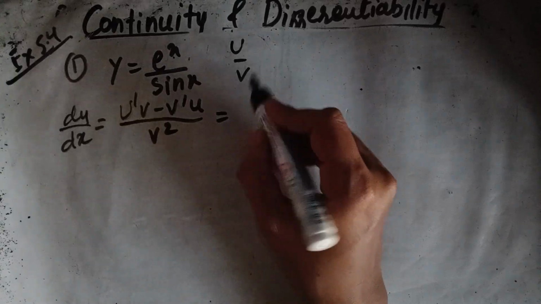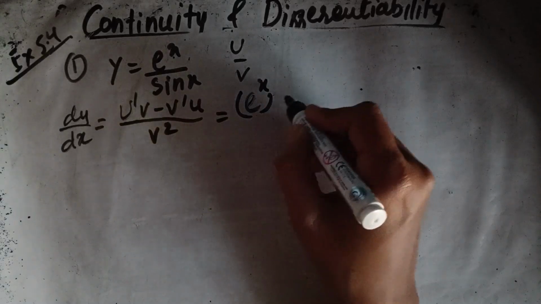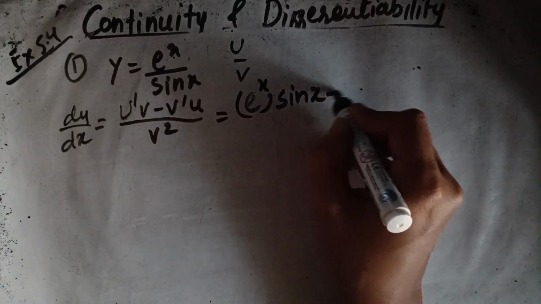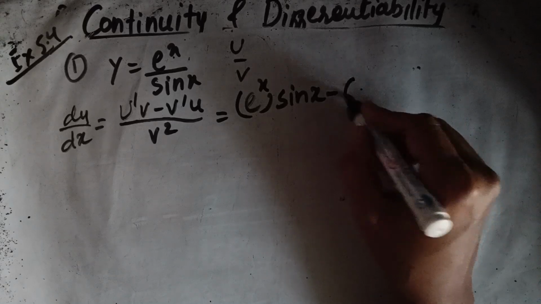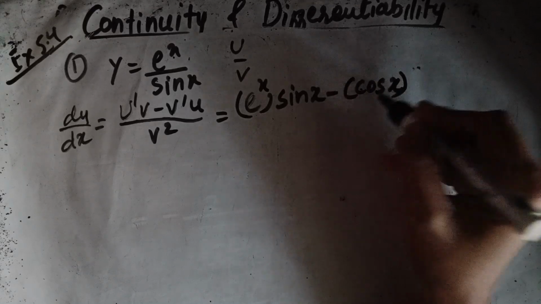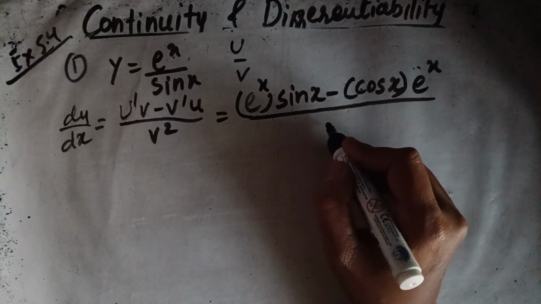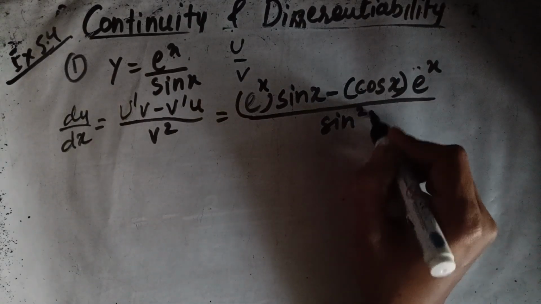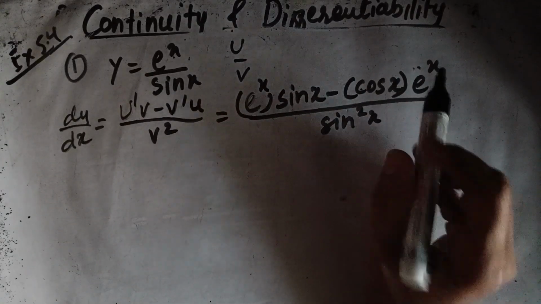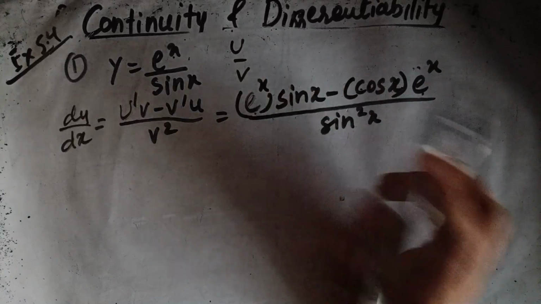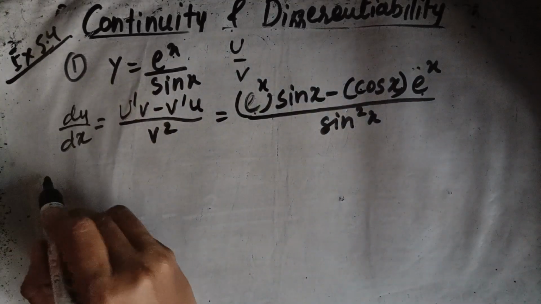Okay, u dash is e raised to x, v is sine x, minus v dash is cos x, e raised to x upon sine square x. Okay, e raised to x you can take common. So this is the derivative.